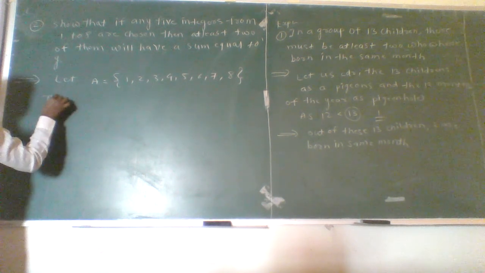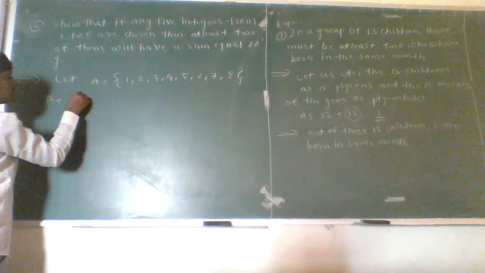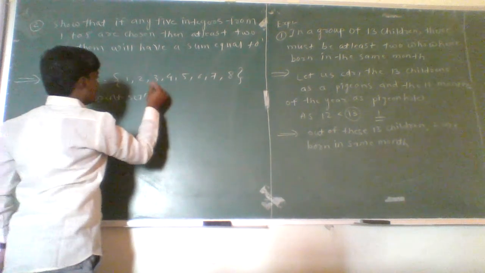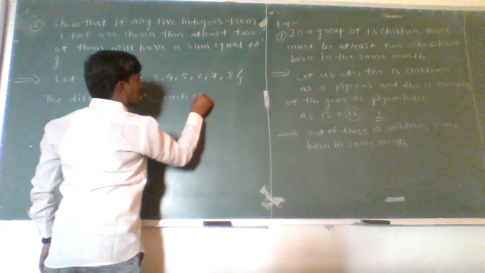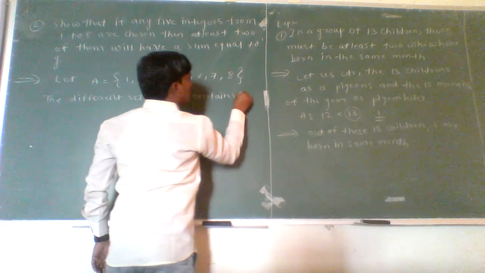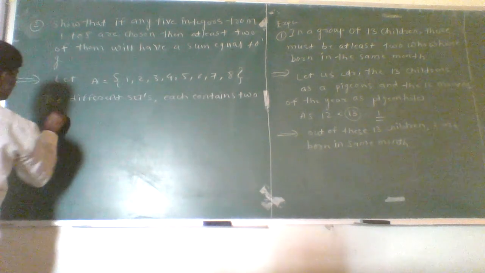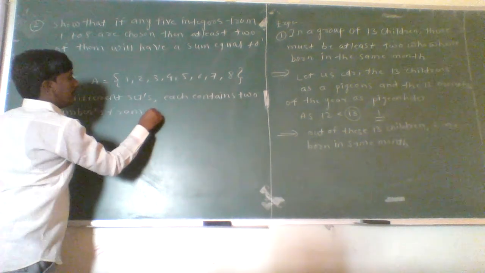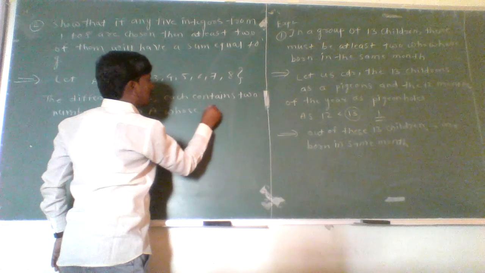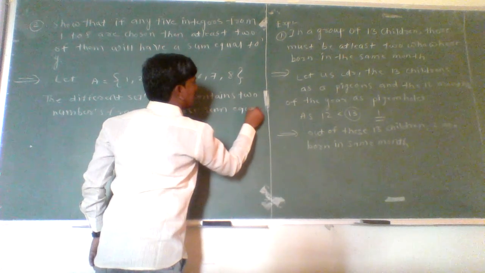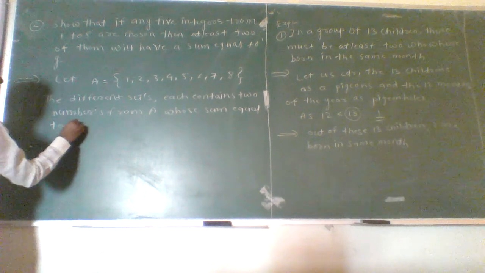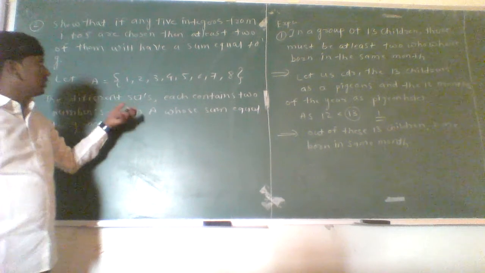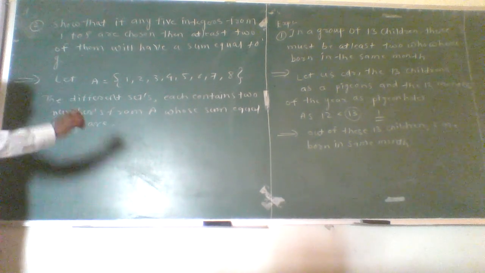Now we have to find out the different sets, each containing two numbers from A whose sum is equal to 9. Now we have to find out such sets.